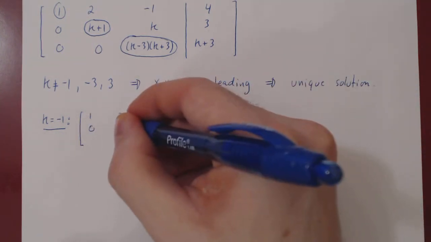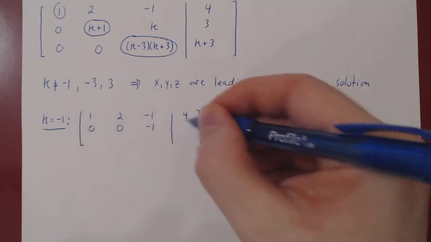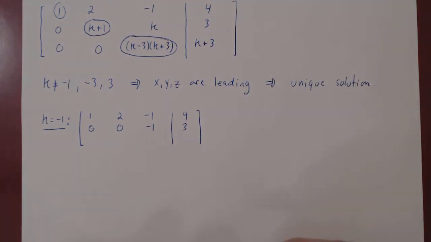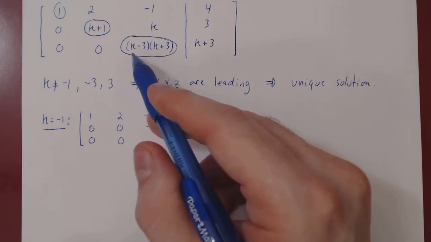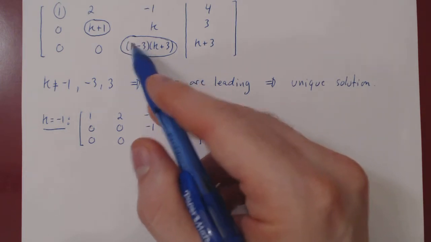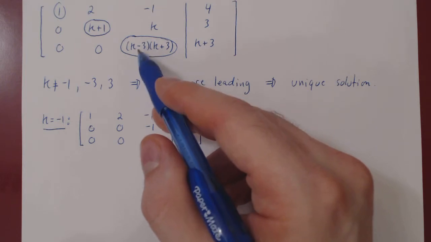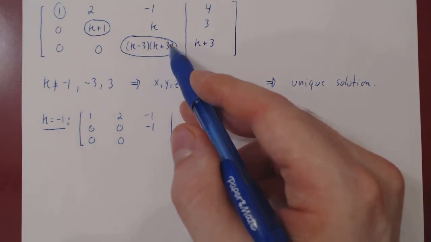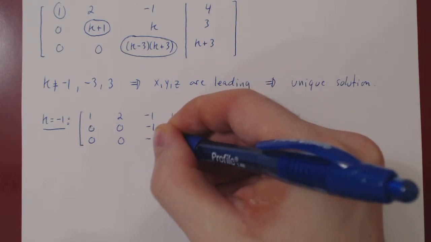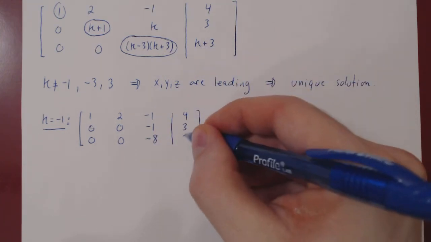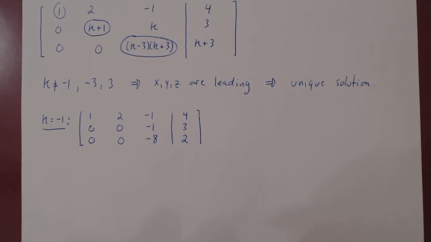We get 0, -1 plus 1, 0, -1, 3. 0, 0, -1, -3, -4. -1 plus 3 is 2. 2 times -4, -8. -1 plus 3, +2.